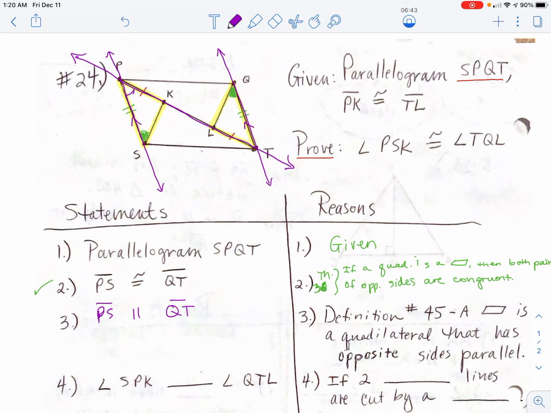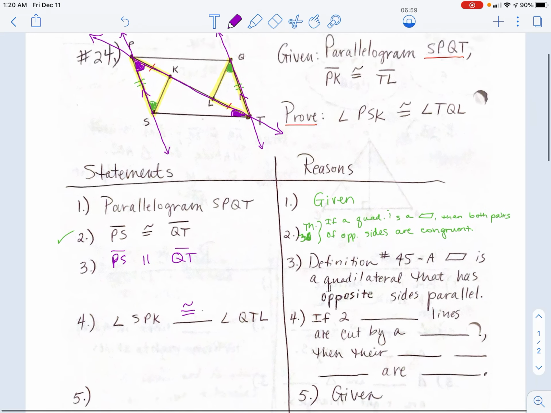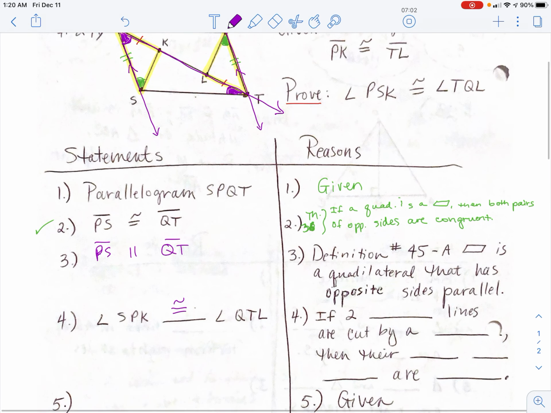I can see that I have alternate interior angles. I'm going to color those in purple so you can see those. Alternate interior angles. So angle SPK is congruent to angle QTL. Why?